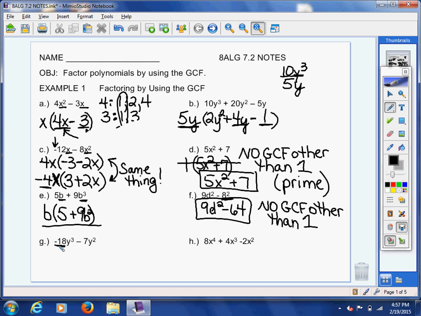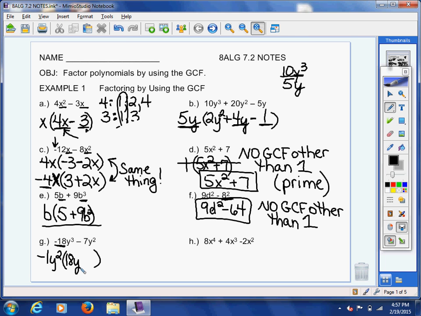The only other number I could pull out is a negative 1. And then the y's, we're going to pull out y squared. So negative 1 y squared times what is negative 18y cubed? Well, negative 1 times positive 18 is negative 18, and y squared times y is y cubed.